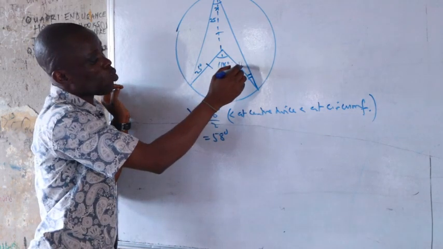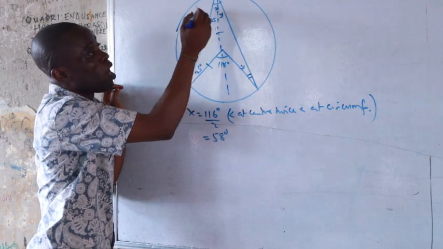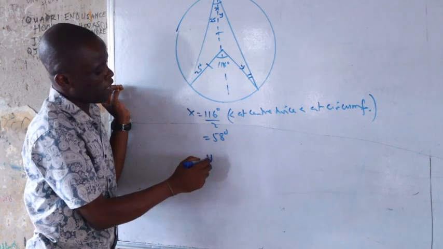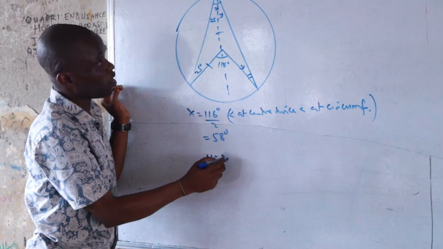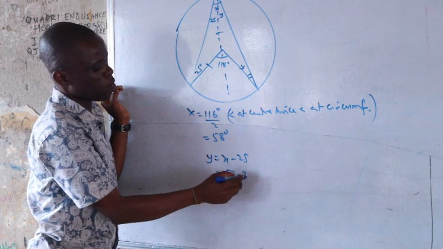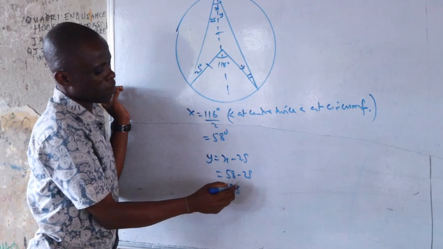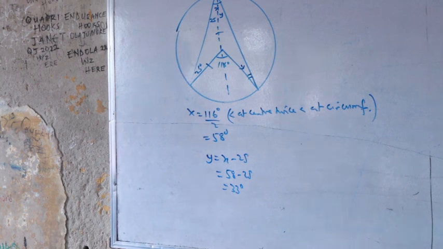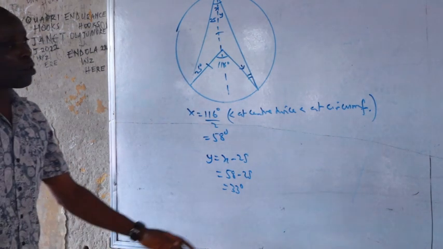As this one is y, this is also y. So for me to get y is now equal to x minus 25, and x is 58 minus 25. That's 33. It's the same thing, because what I use here is based on isosceles triangles.